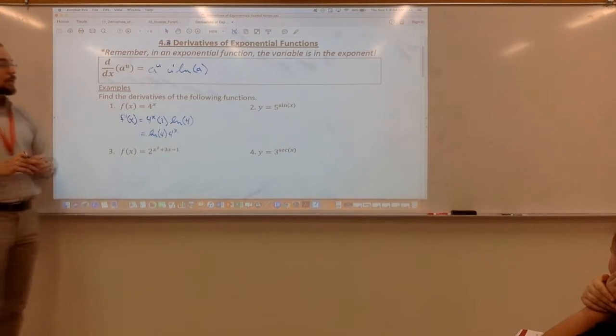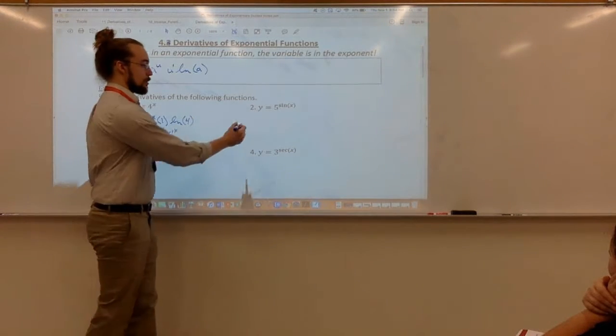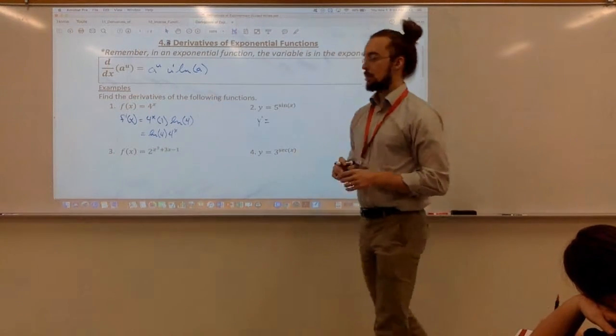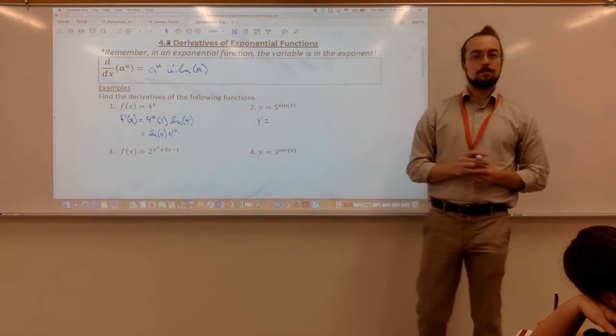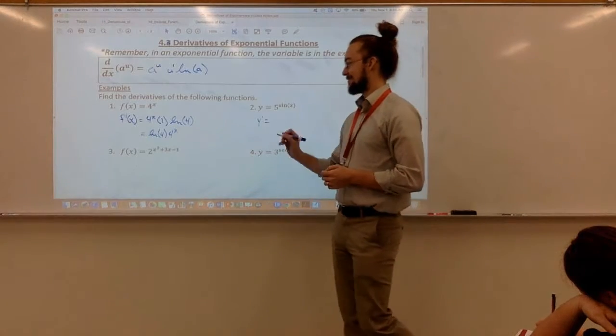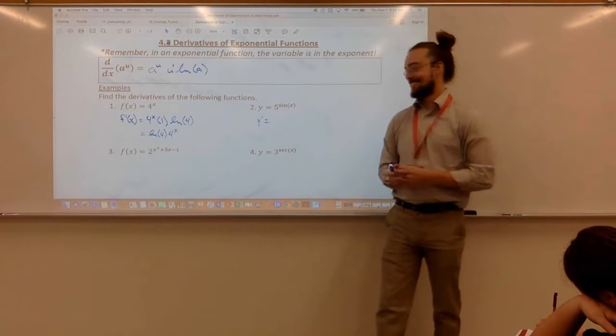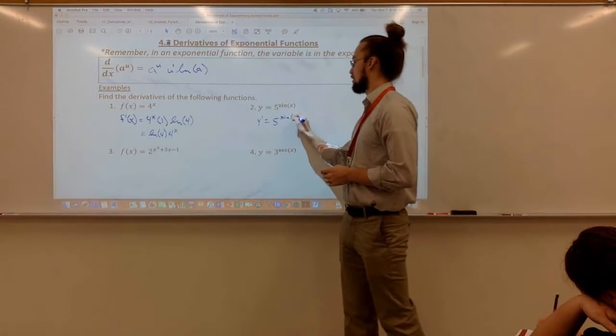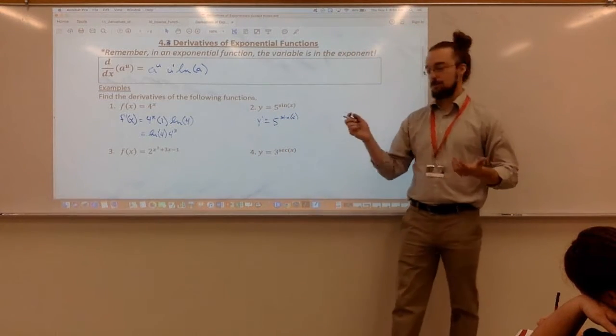Okay. So, how about number 2? If I follow that pattern, what's my derivative for number 2 here? We should know what the derivative of sine of x is. Just cosine, right?